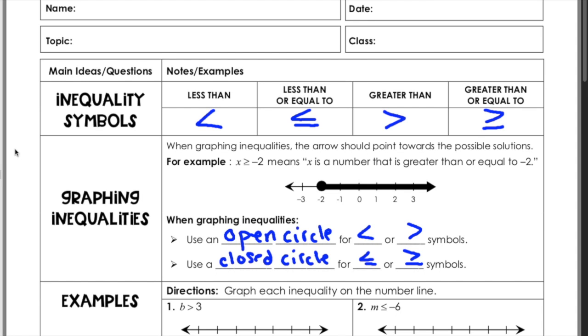When we're going in this direction, it's getting smaller. And when we're going to the right, those numbers are getting larger. And this will help us when we're graphing. So for example, back to x is greater than or equal to -2, we draw the arrow to the right because that is the direction of all of the numbers that are greater than -2.